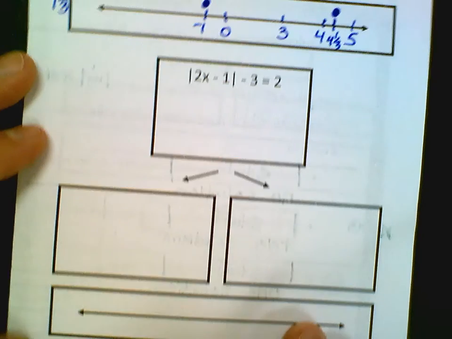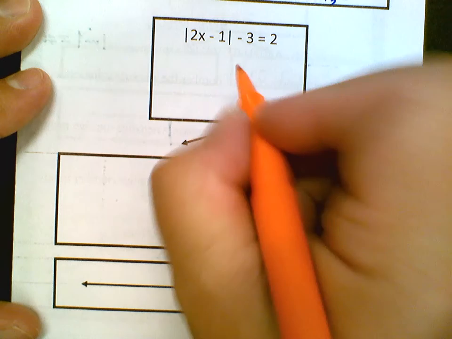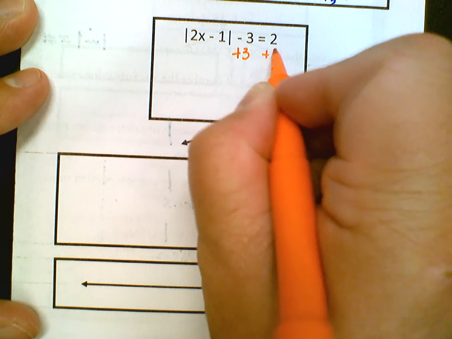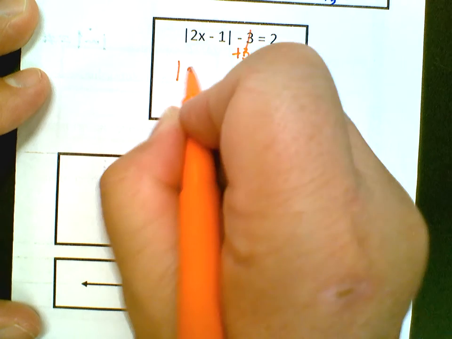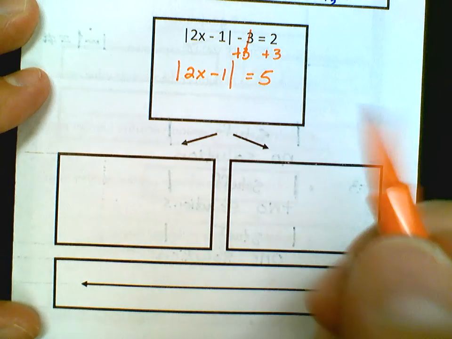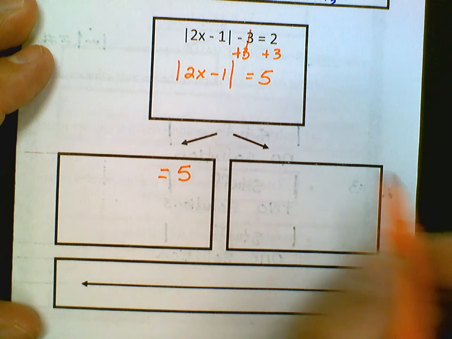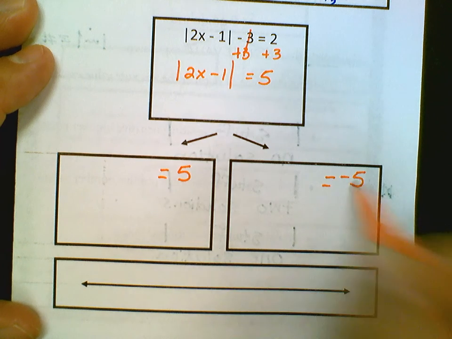And my last example, I am isolating the absolute value. 2 plus 3 is 5, and I'm done. So 5 units from 0 is 5, or -5.